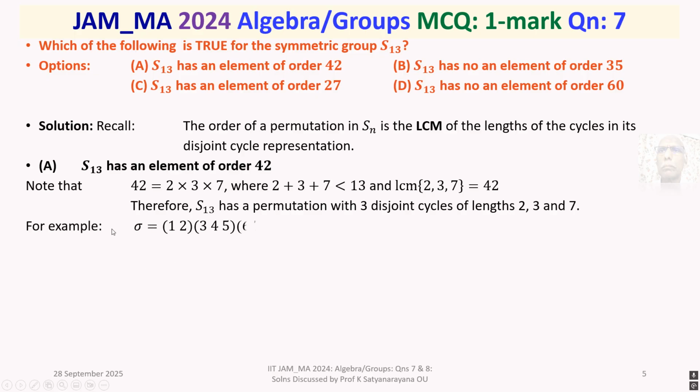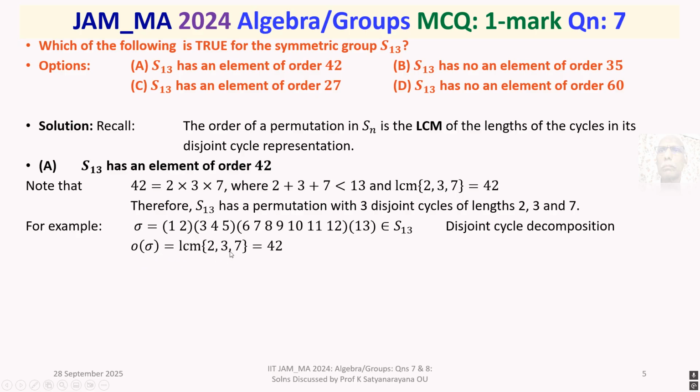For example, you can write sigma is equal to the transposition (1 2), which is a cycle of length 2, a cycle of length 3, (3 4 5), a cycle of length 7, (6 7 8 up to 12), and 13 is fixed. This is a disjoint cycle decomposition. Now the order of sigma is the LCM of 2, 3, 7, that is 42.